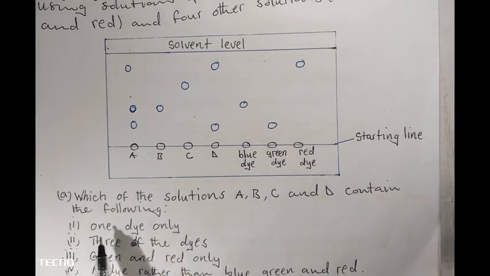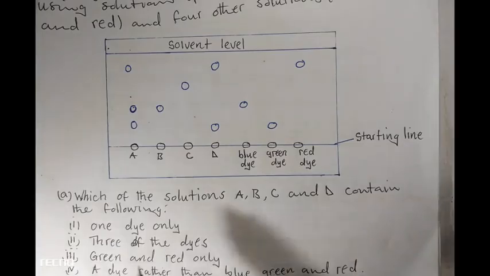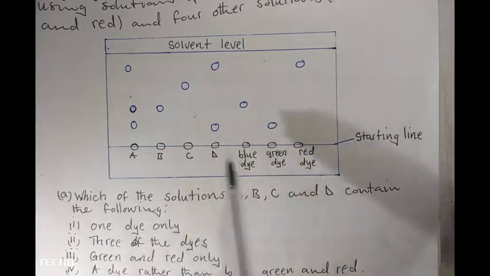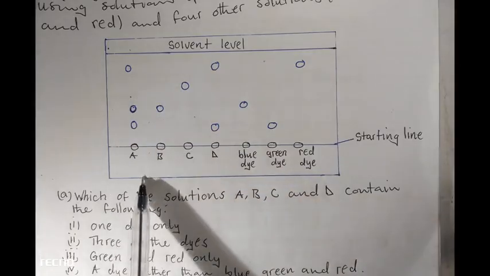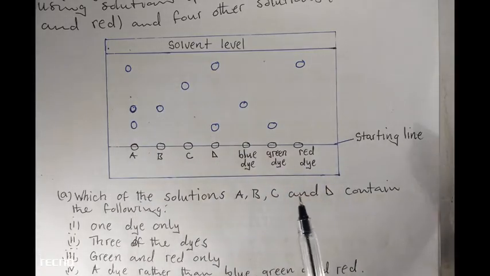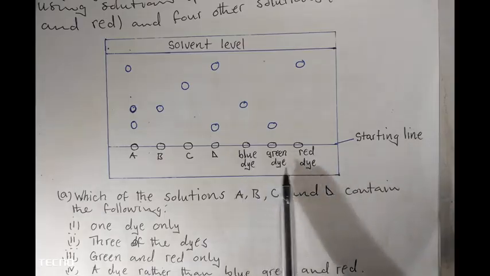The first one is one dye only. Which one contains one dye only? You just need to check which one has one dye only. The dyes are on this side.